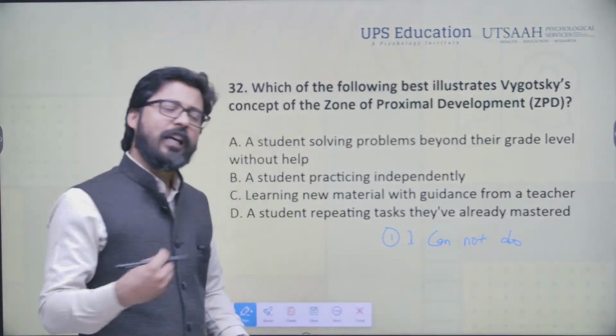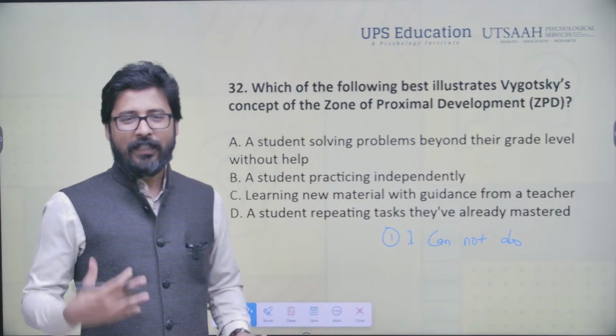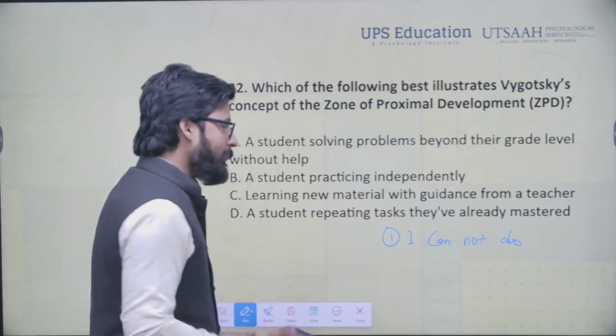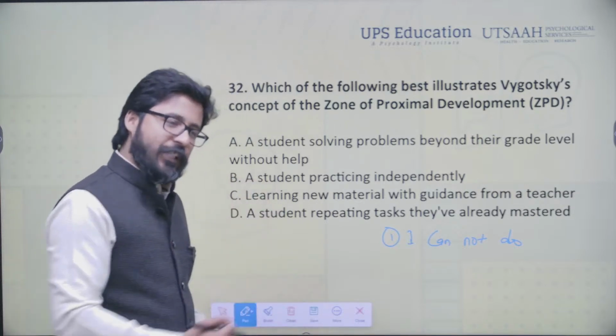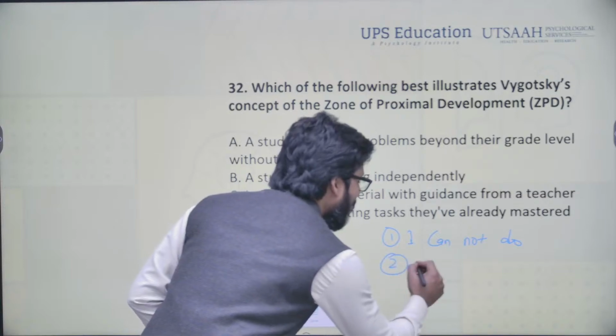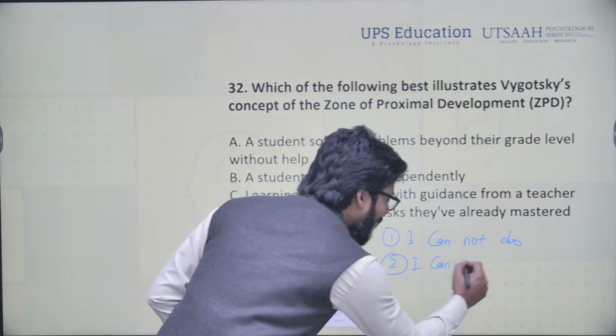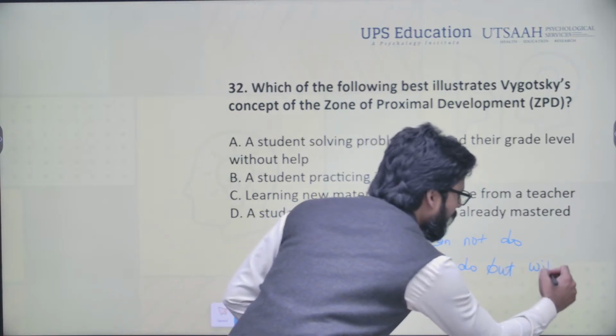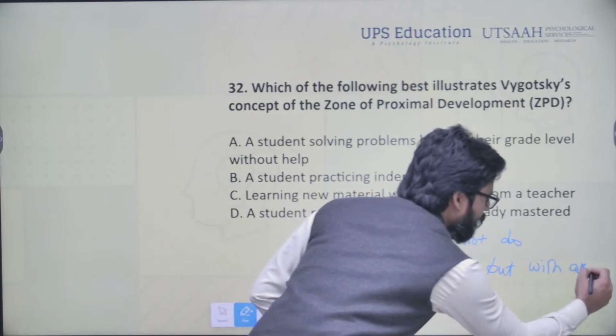Whenever they observe any new task, they have this sense that I cannot do it, mujhse nahi hoga, right? Then, with the support of a teacher, parents, or caretaker, they develop the sense that I can do it, but with assistance.